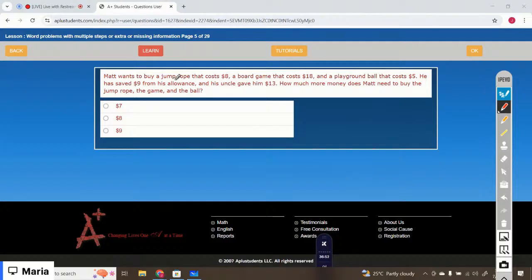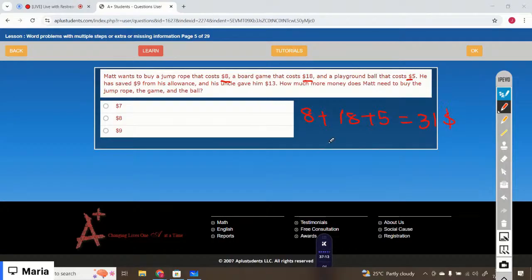The jump rope costs $8, the board game costs $18, and the playground ball costs $5. So 8 plus 18 plus 5, that means in total he needs $31.